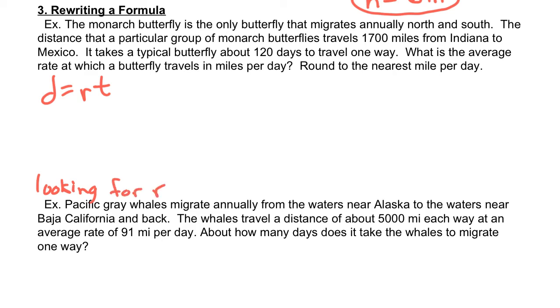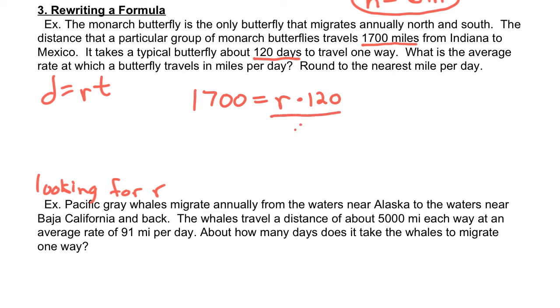We're given a distance, 1,700 miles. That's a distance, so that's d, and a time, 120 days. So that's t. Knowing d is 1,700, not knowing r, but knowing 120 days is the time, we can solve this.